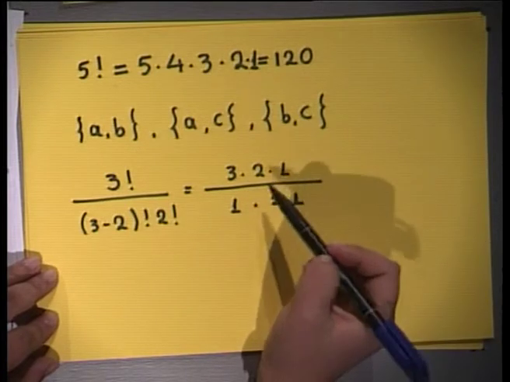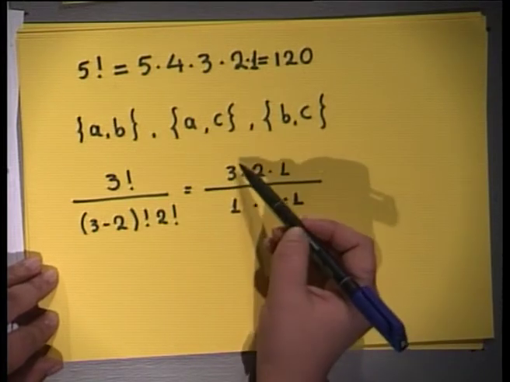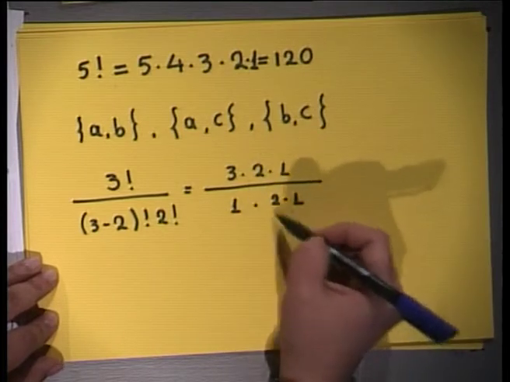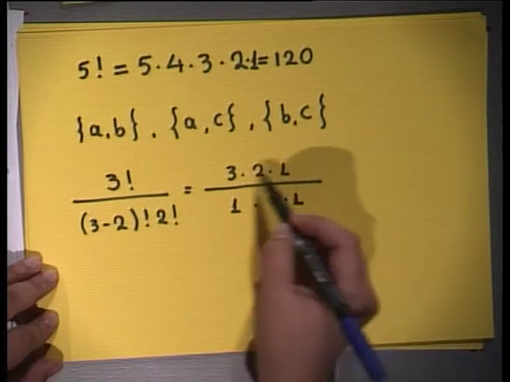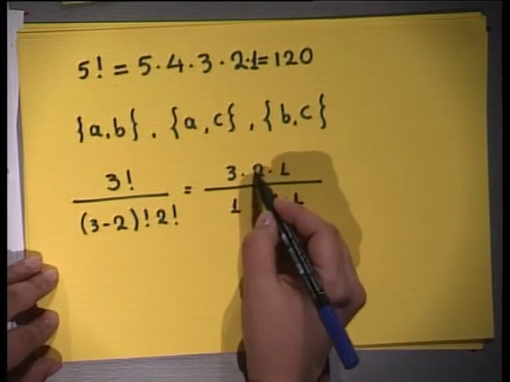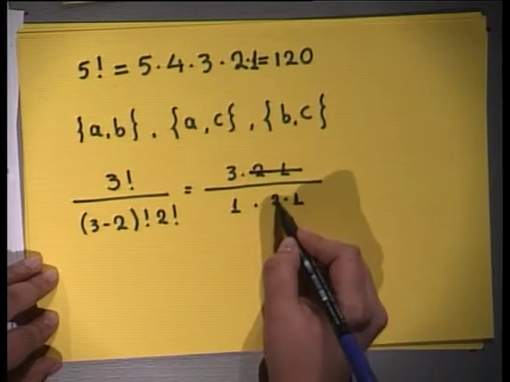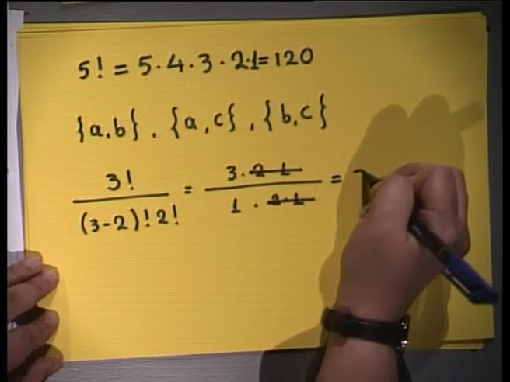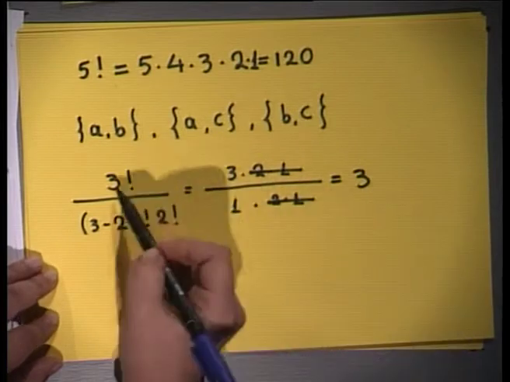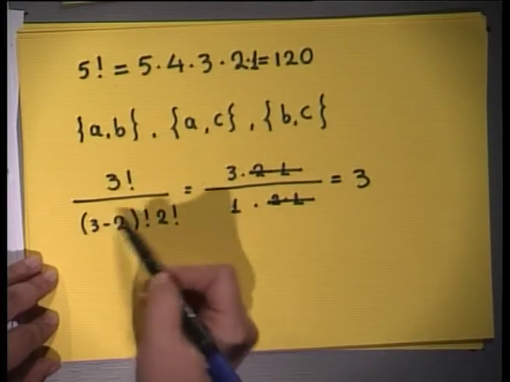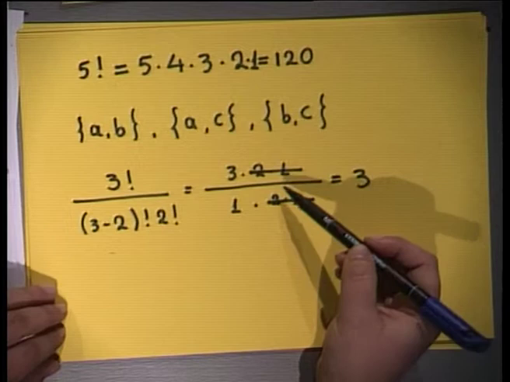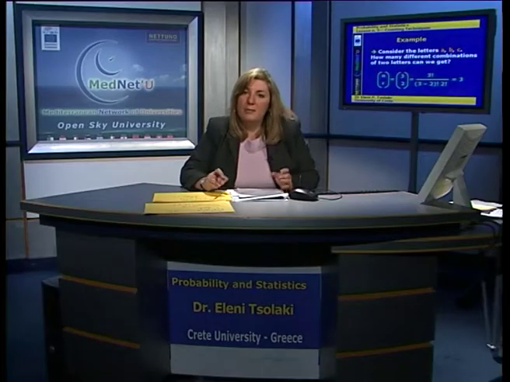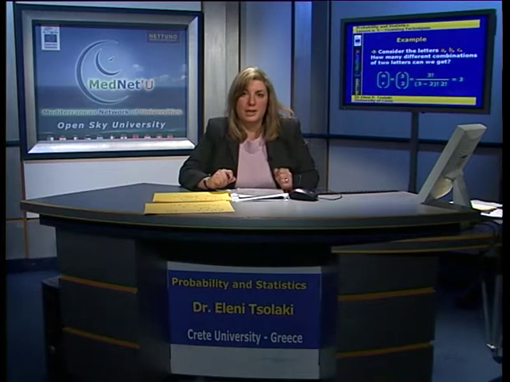Usually, there are some numbers here that will be cancelling with some numbers here. In this case, we can see that these are cancelled with this, and we can easily see that the result is 3. If these numbers are even bigger, we can understand that cancelling out here will make calculations much easier.